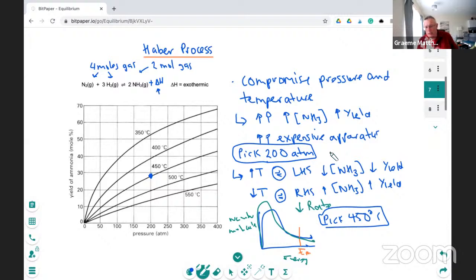If you increase the temperature, you decrease the yield, but you increase the rate. And so link in your answer, link rate and yield together when you're talking about the temperature one, and the pressure one's easy.